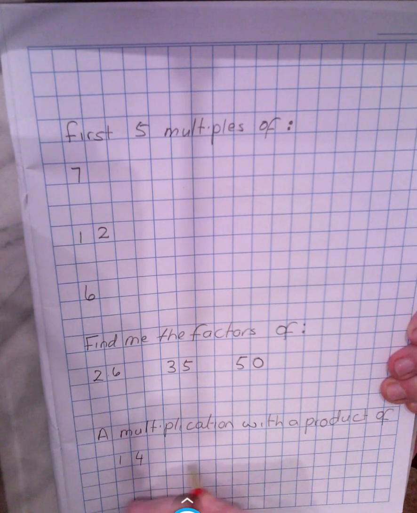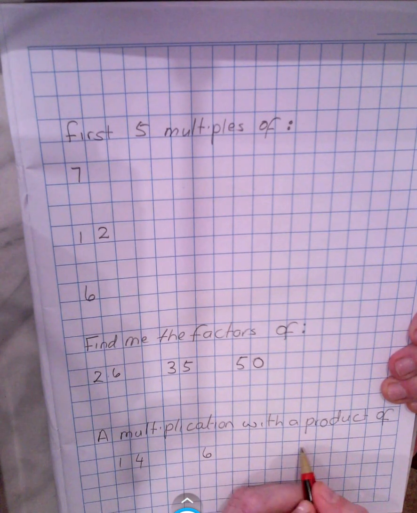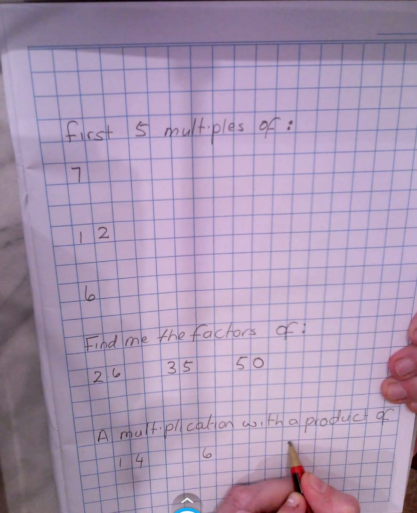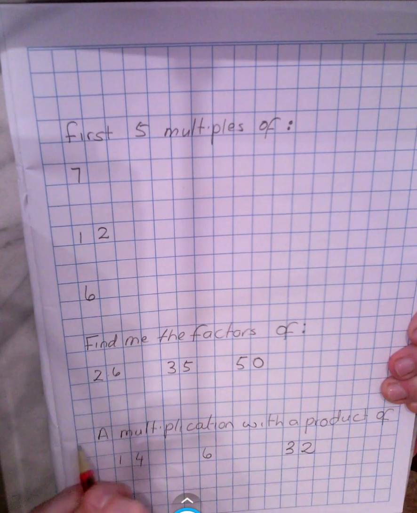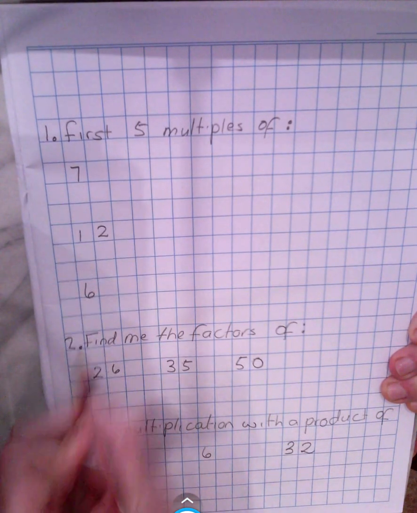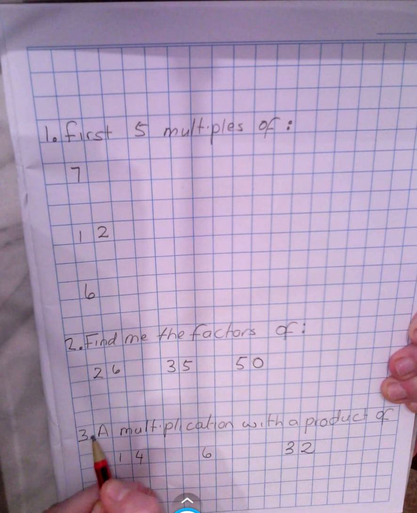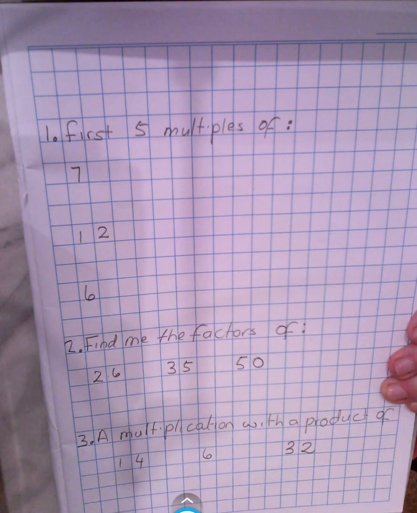I want you to write me another multiplication that has a product of 6, and another multiplication that has a product of 32. All right, so that's the first task. This is your second task, and this is your third task. And within each of those tasks, there are 3 questions to do. So that's what I want you to go ahead and do right now.